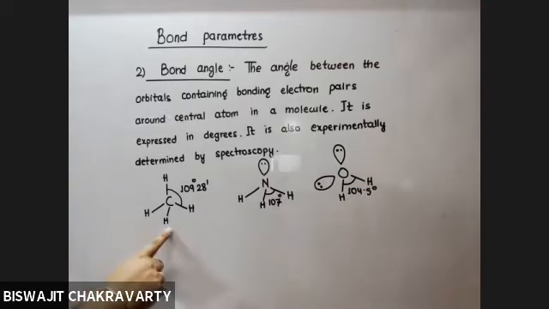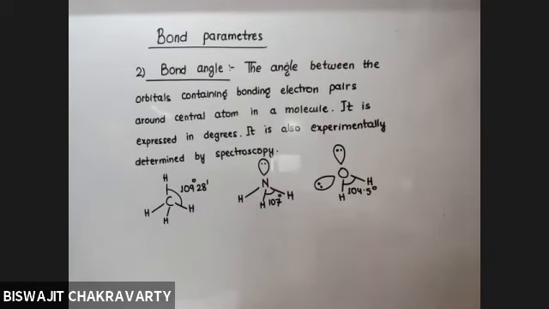I have specifically given this example because what is common in all these 3 molecules is the number of pairs, but what is different is the nature of pairs. In methane, all are bonded pairs.